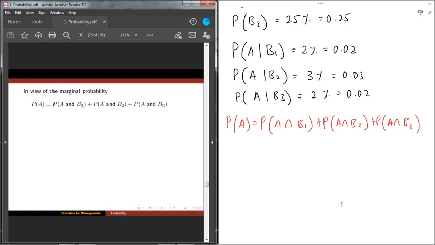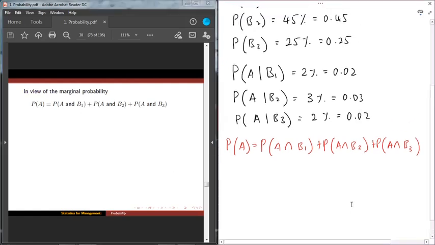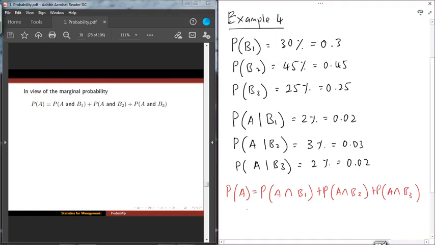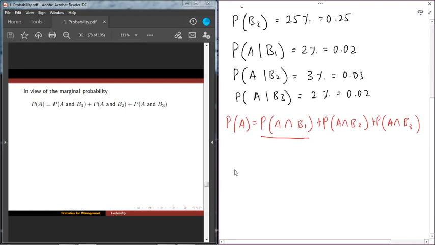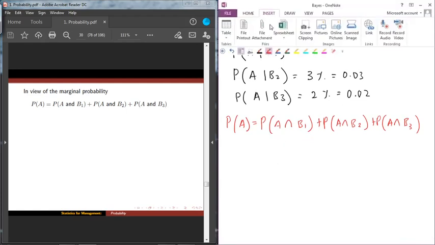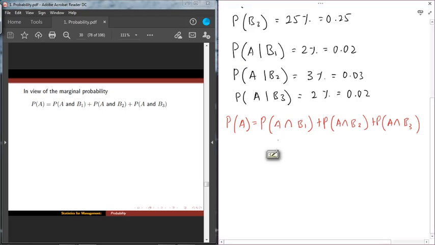Now do you see this probability here, A and B1? Nothing. The information given to us is the probability of B1, B2 and B3 and the conditional probability. So we need to get this probability from the given information. How am I going to write this? Remember what is conditional probability?